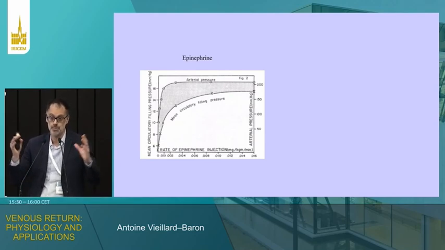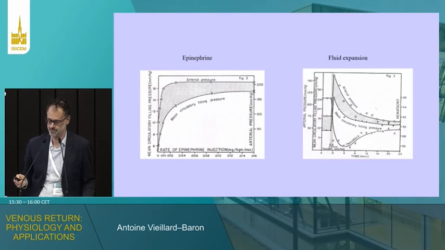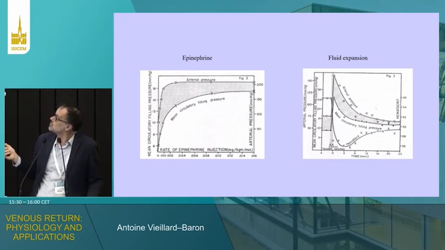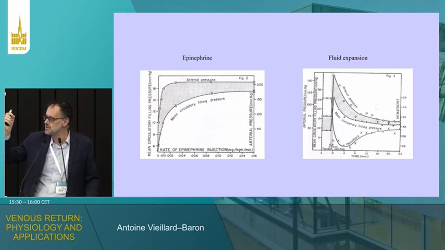You act on the property of the circulation. The second option is that you act on the amount of blood, and so you give more blood to the animals. Something especially interesting in this study is that during fluid expansion, they reported a very fast peak of increasing mean systemic filling pressure, so increased systemic venous return.